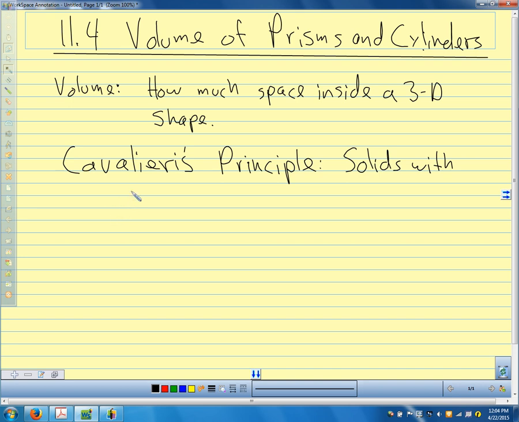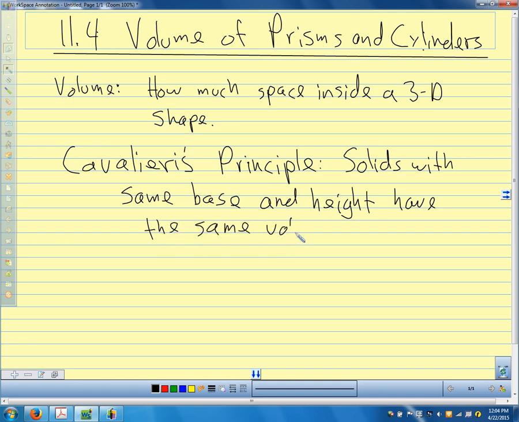So solids with the same base and height have the same volume. That's what Cavalieri's principle tells us.